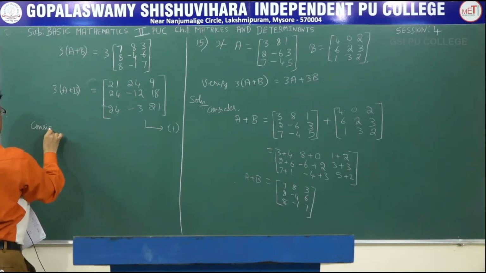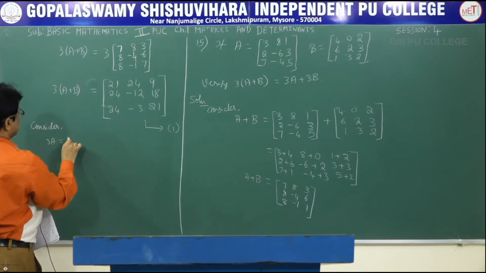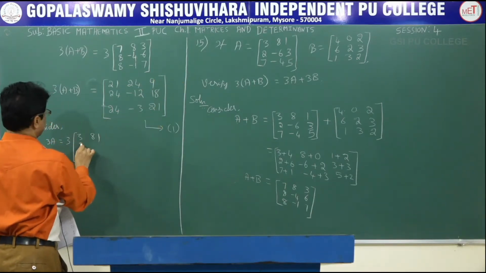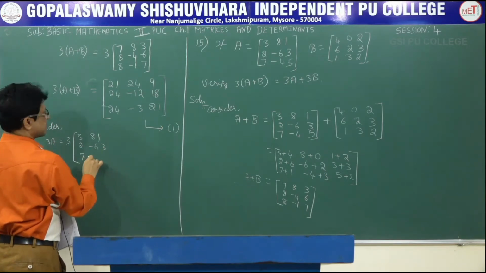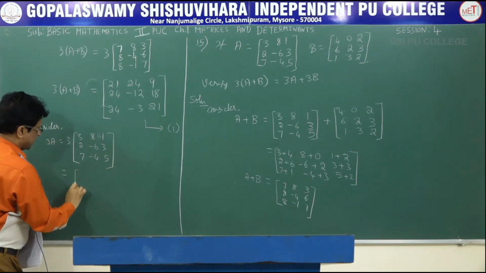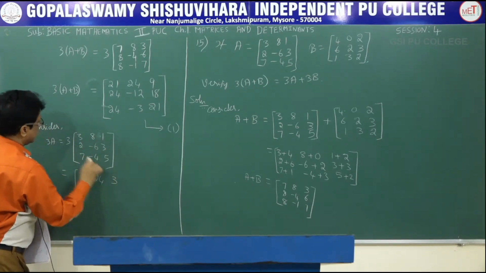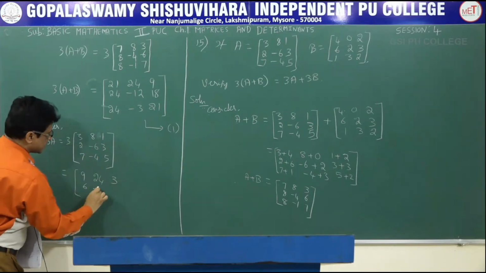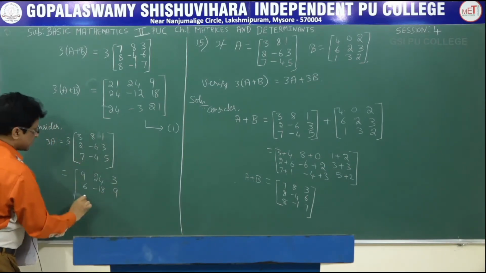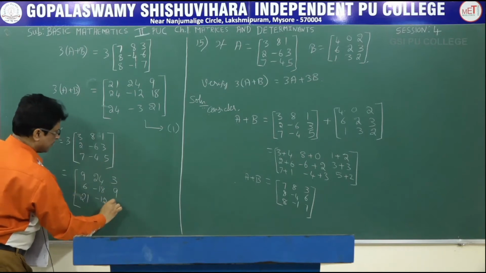Next, consider 3 into A. So 3 into the A matrix, [3 8 1; 2 -6 3; 7 -4 5], will be equal to 3 into 3 is 9, 3 8s are 24, 3 1s are 3, 3 2s are 6, 3 into -6 is -18, 3 into 3 is 9, 3 into 7 is 21, 3 into -4 is -12, 3 into 5 is 15.